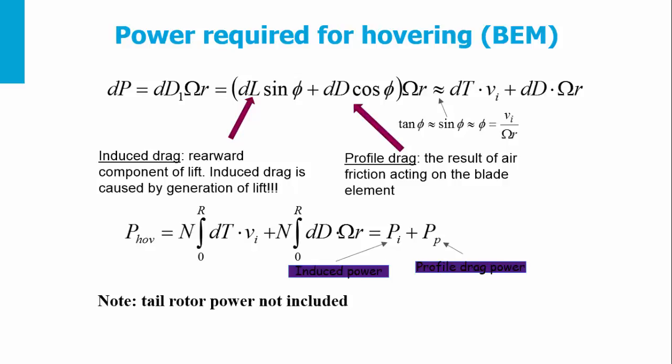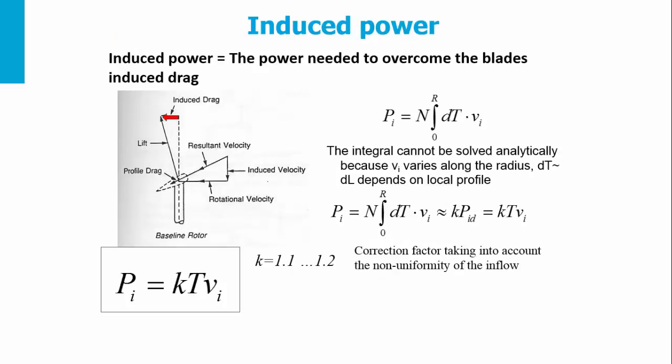The induced power is defined as the power needed to overcome the blade's induced drag. It is the number of blades multiplied by the integral from 0 to R of the thrust on a blade element multiplied by the induced velocity. This integral cannot be solved analytically because induced velocity is varying along the radius, but also because it is non-uniform on the whole rotor.